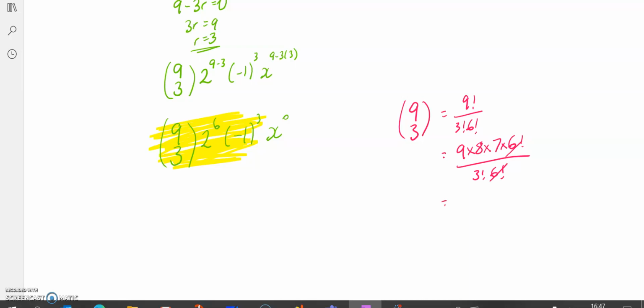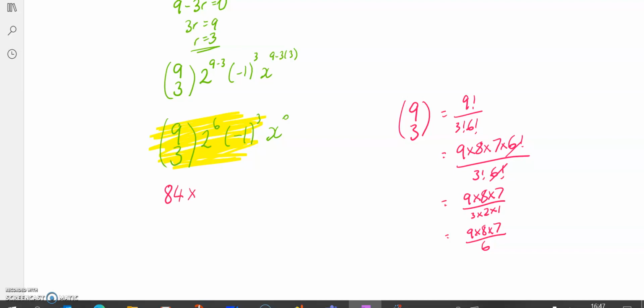These 6 factorials can simplify. So we're going to have 9 times 8 times 7 over 3 times 2 times 1. So we're going to have 9 times 8 times 7 all over 6, whatever that number is. Let's just type this into a calculator. 9 times 8 times 7 divided by 6, which is 84. So 9 choose 3 is 84.